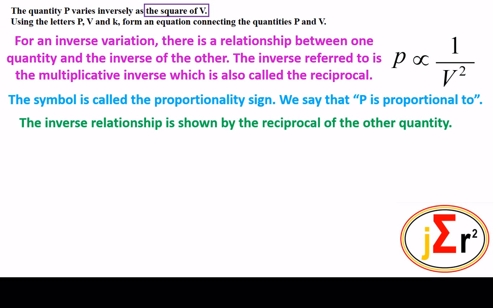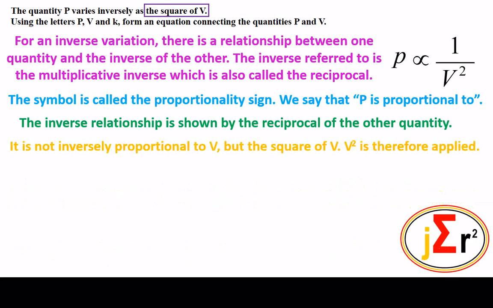What do we mean by the inverse of V squared? The multiplicative inverse, which is the reciprocal of V squared. It is not inversely proportional to V, but to the square of V. And that is why we have V squared applied there.